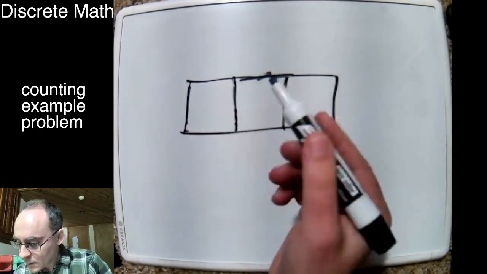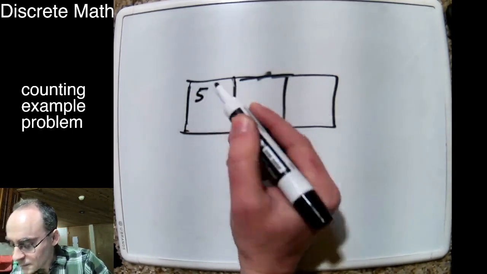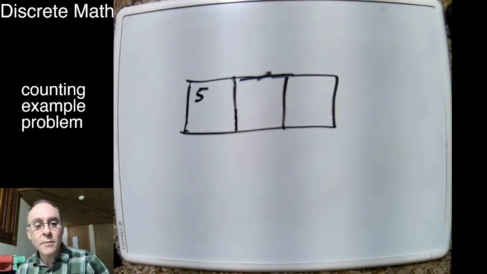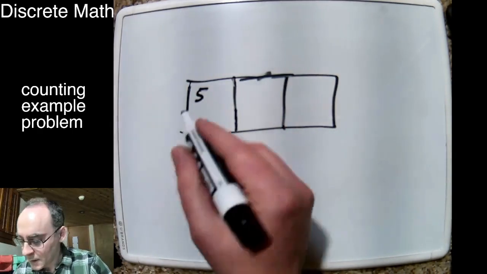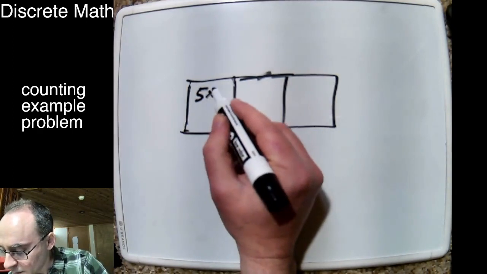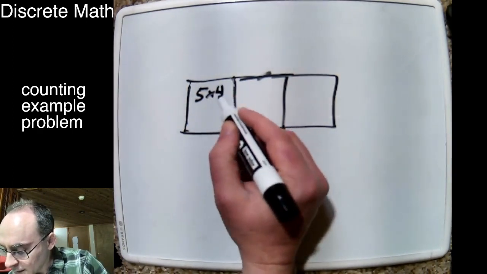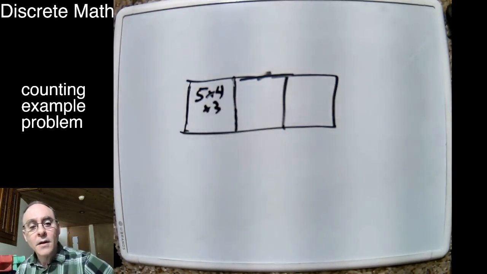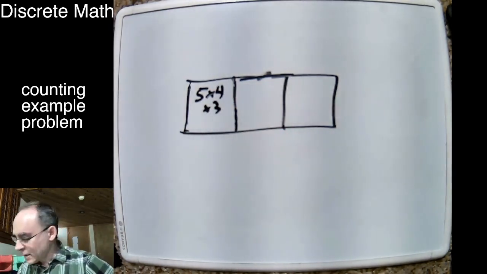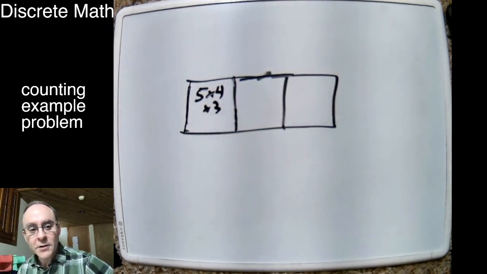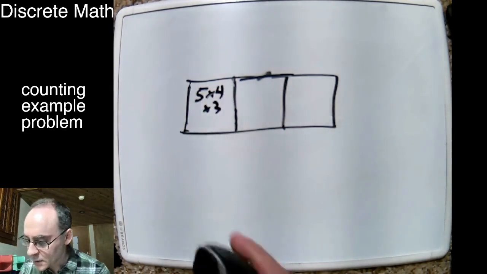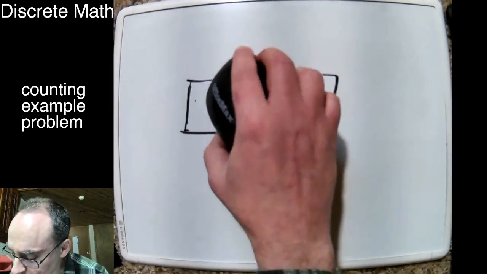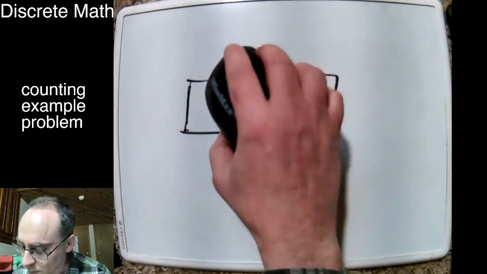I've got 5 choices for which ball I put in there first, A, B, C, D, or E. I'm going to put 3 balls in here, so 5 choices for the first, 4 choices for the second, and 3 choices for the third. But I said I don't care about the ordering here. If I choose A, B, C, that's the same as choosing C, A, B. So the formula I should use is the choose formula. It shouldn't be just 5 times 4 times 3.